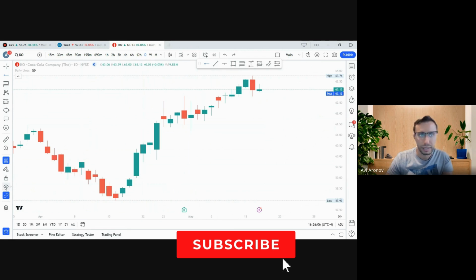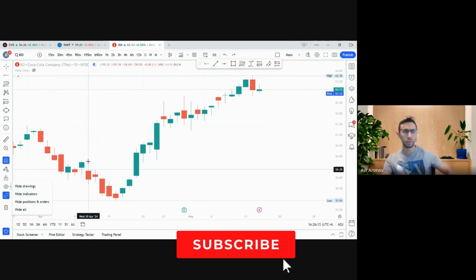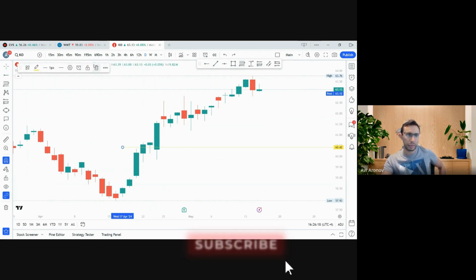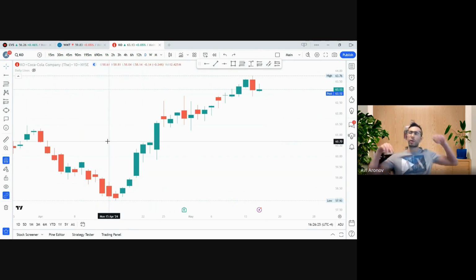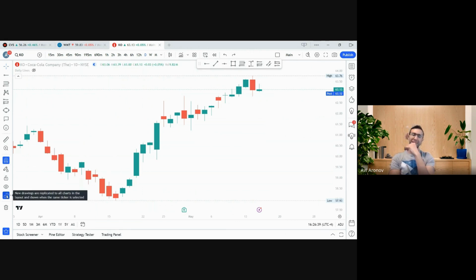Then the eye: if, for example, we want to hide all the drawings that we have, we can definitely do that as well. Hide the indicators, hide everything, no problem. You can always hide. This is actually very good, because if you have a device, say you are on your phone and on the computer, laptop, or desktop, if you use this one, it will go across all your devices at once.